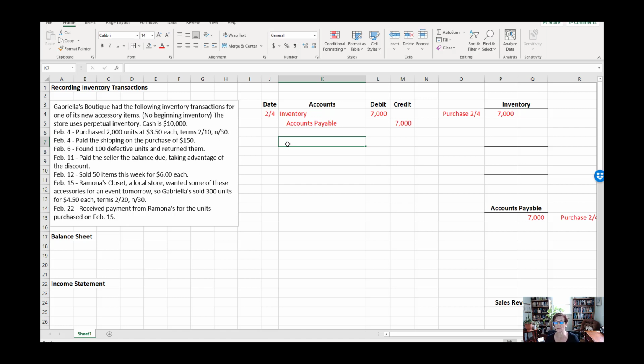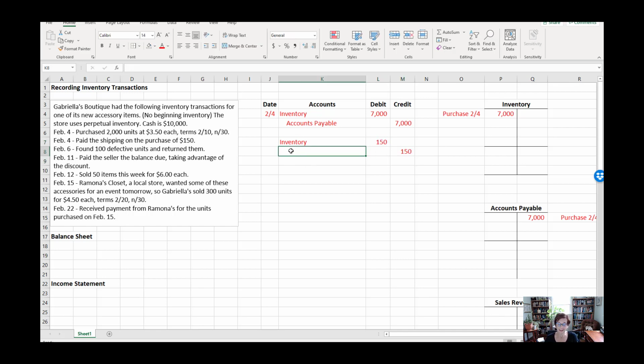Think of it, if you buy something online and you have to pay shipping costs on it, that's an additional cost of what you bought, right? If you bought something and it cost $10, but then you have to pay $3 shipping, well, it didn't cost you $10, it cost you $13, right? So here, this is an additional cost of inventory, so we're going to add it to our inventory account. And this is $150.